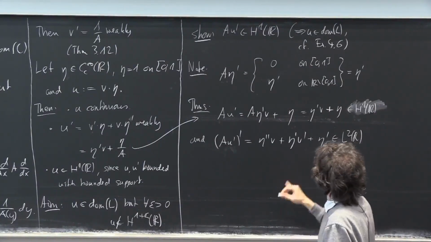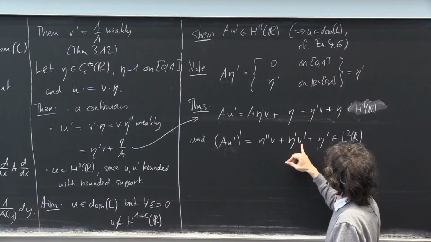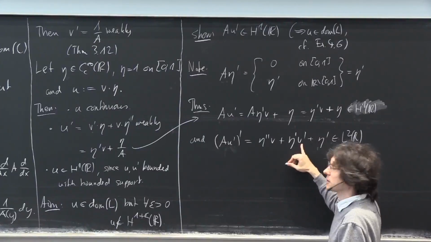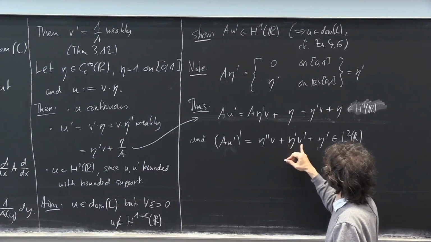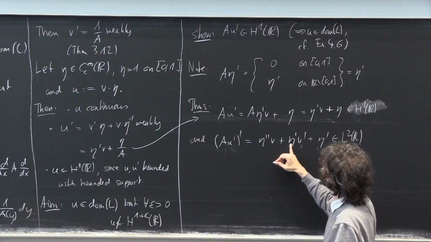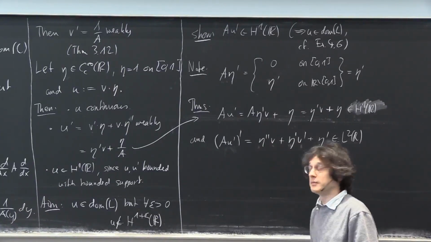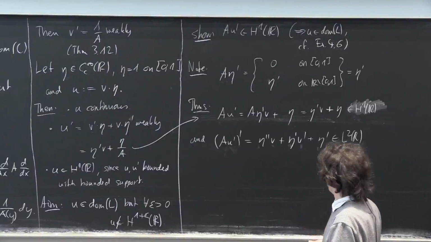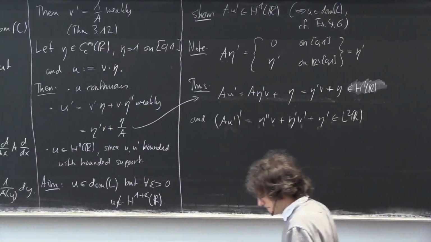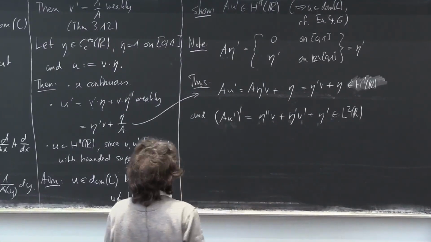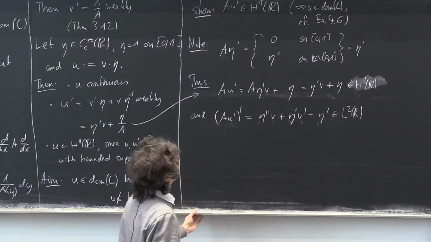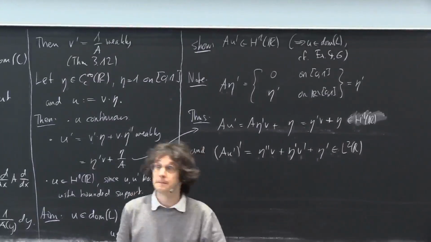This is L2 because, okay, C infinity, something bounded times C infinity. Okay. So what this shows us is that AU prime is in H1, so we have that U is in the domain.